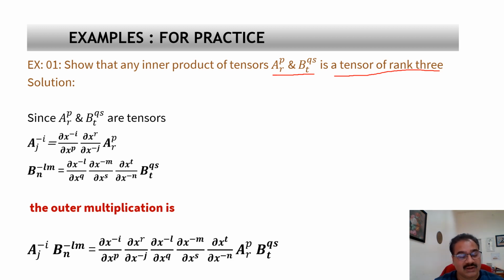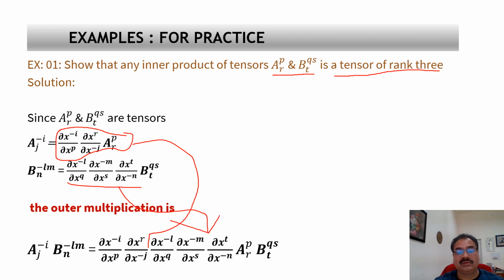The outer multiplication may be done like this: A bar ij B bar lmn. So you take this part from here and this part from here, then you put them here. And again this part is here, so you put it here.